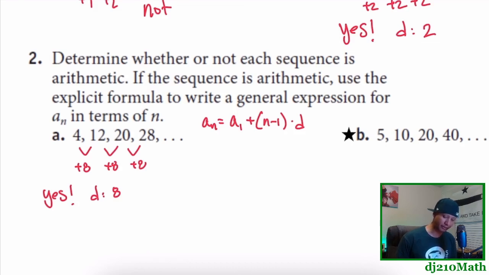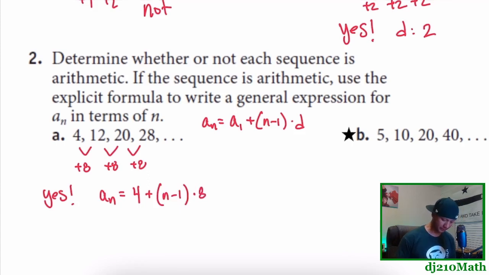Well, we need to write it as an expression. So a sub n is going to be equal to a sub 1, which is the first term, plus n minus 1 times the common difference of 8.